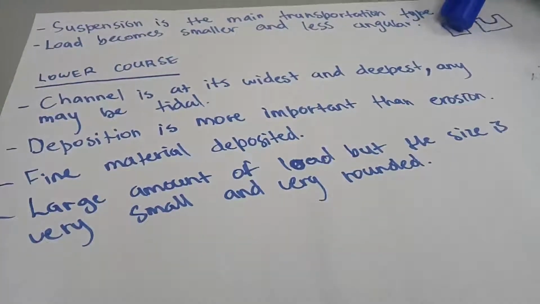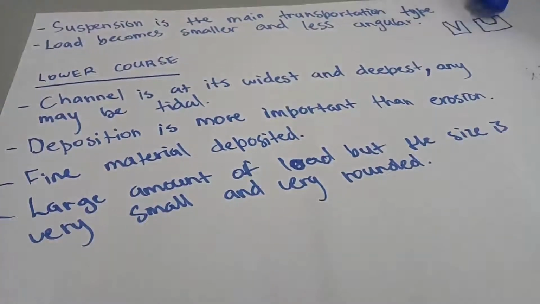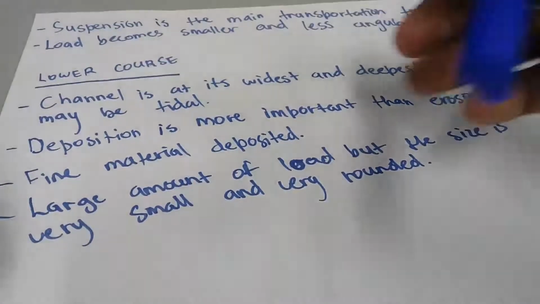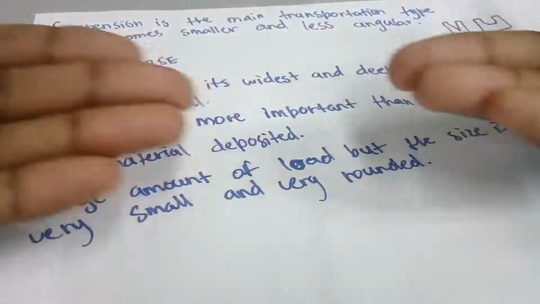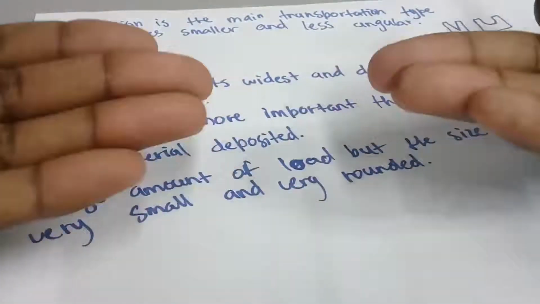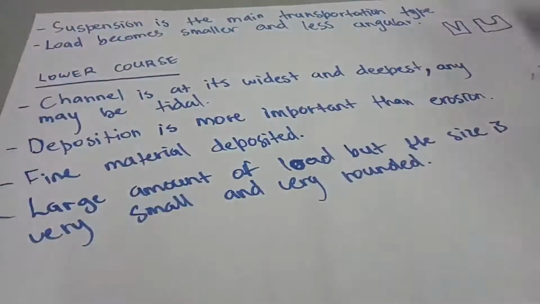But the vertical erosion decreases now, meaning that the riverbed formed will be level. You can see it starts to be level, right?